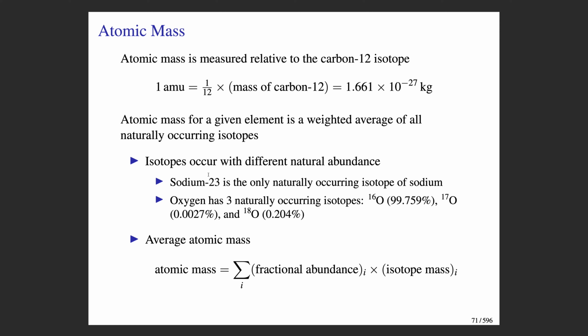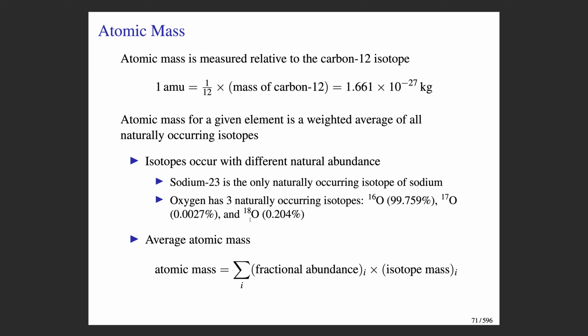For example, sodium-23 has only one naturally occurring isotope, and so the atomic mass of sodium is really just the mass of a sodium-23 isotope. However, a different element like oxygen is known to have 3 naturally occurring isotopes: oxygen-16, oxygen-17, and oxygen-18.